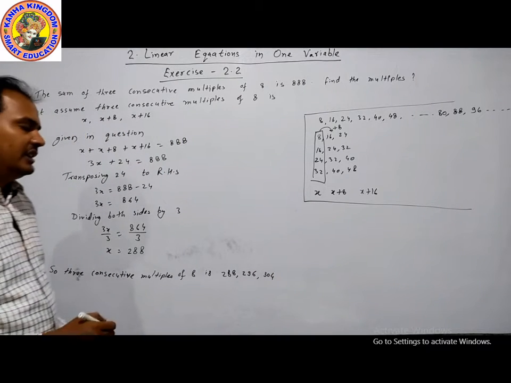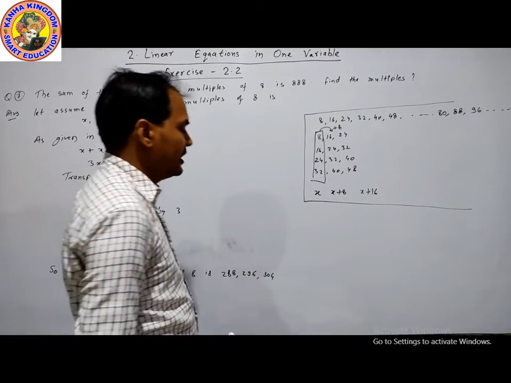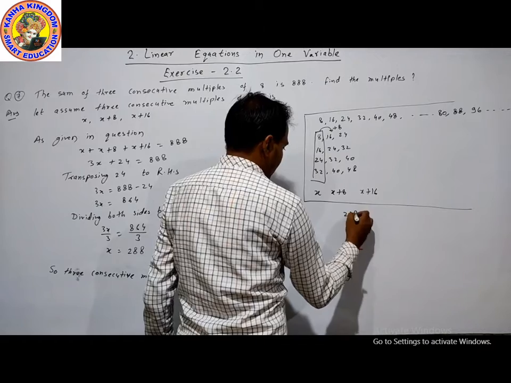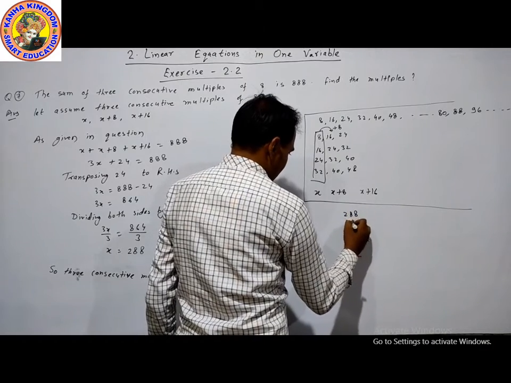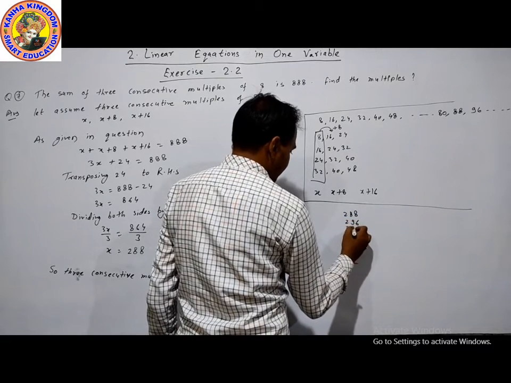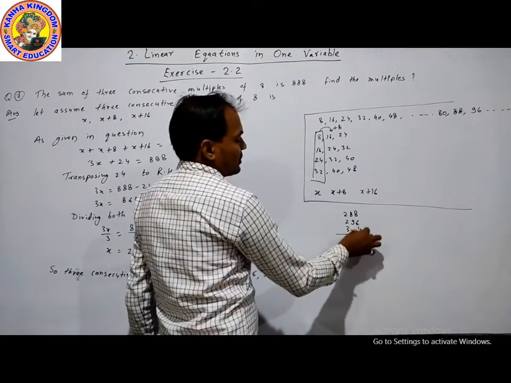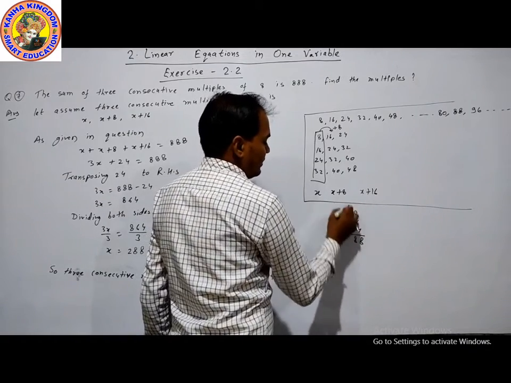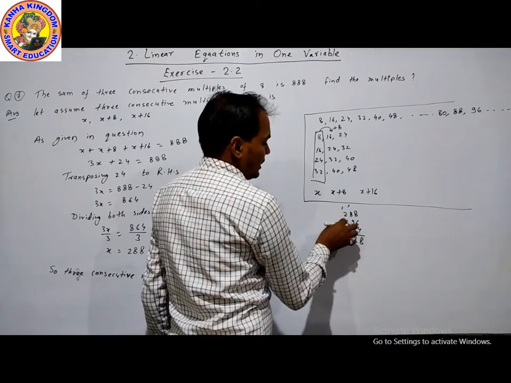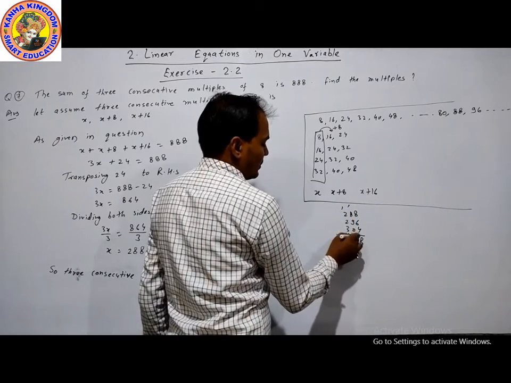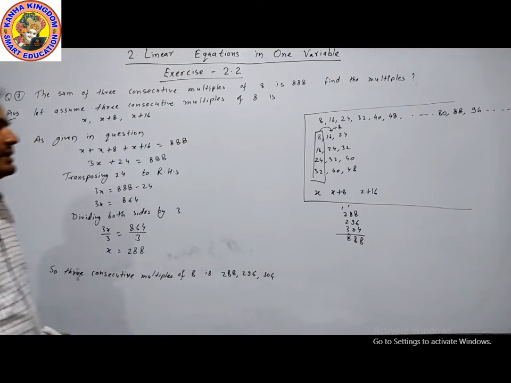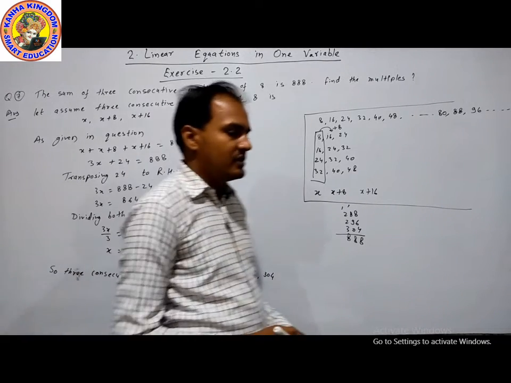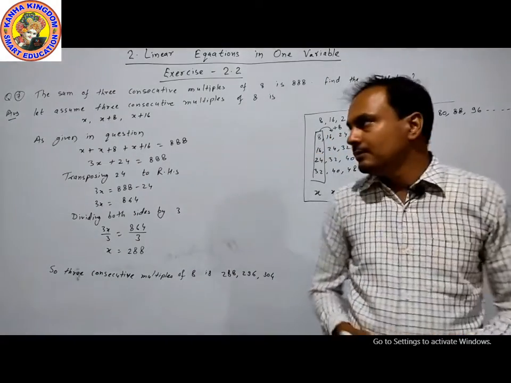These are the 3 numbers. The addition of these 3 numbers will be 888. Now we add in the rough copy to cross check our answer. The answer is correct. So our answer is 288, 296, 304.